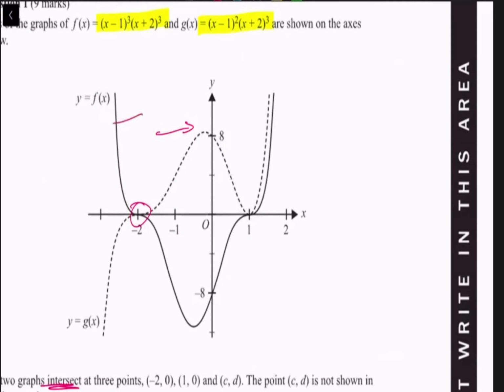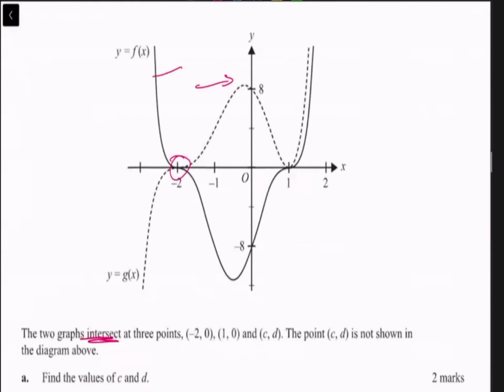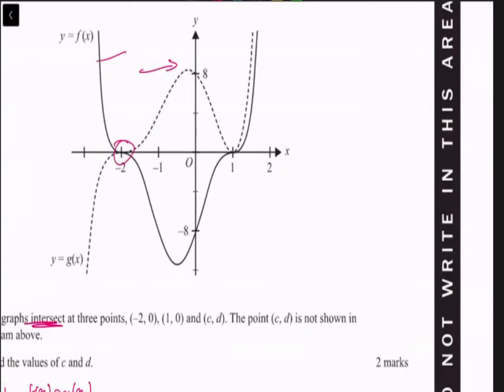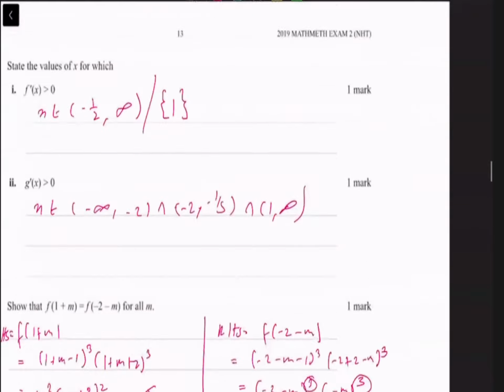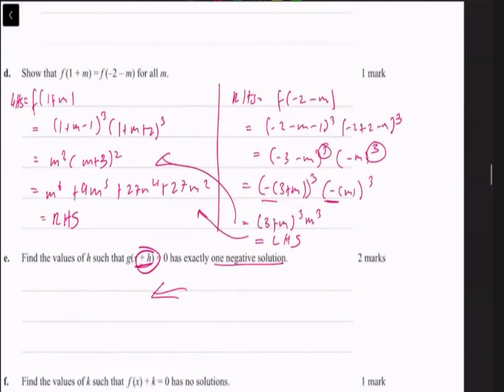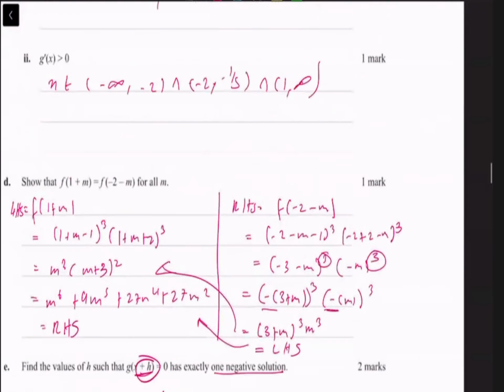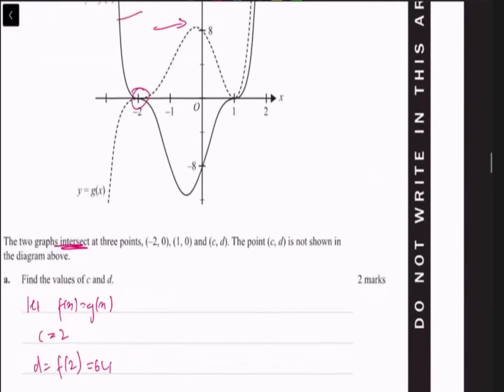Oh, sorry. Where is g(x)? 2 to the right or 1 to the left. g(x) plus 1. I have suddenly forgotten why I cannot move it. Oh, right.